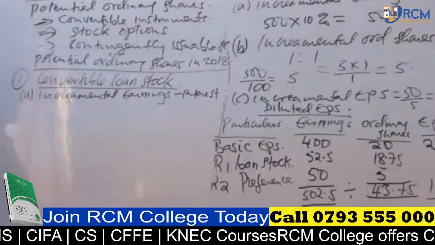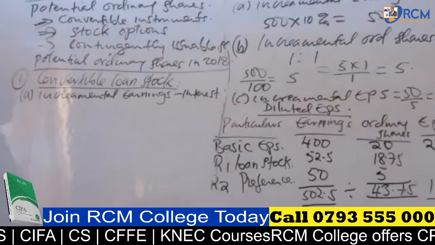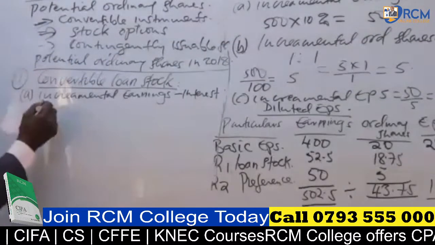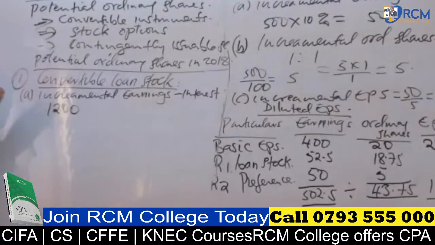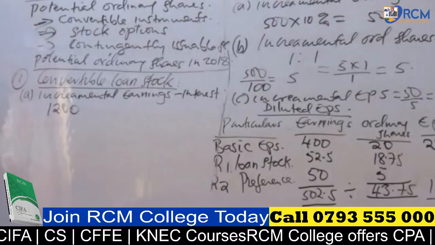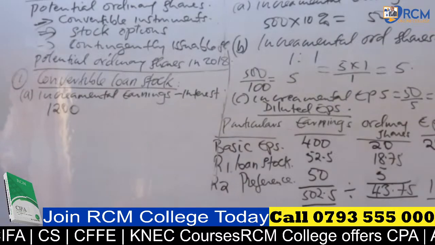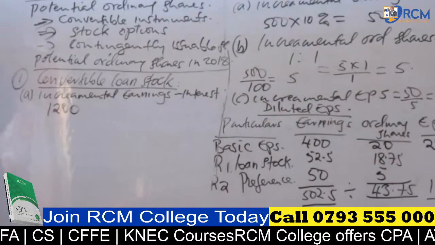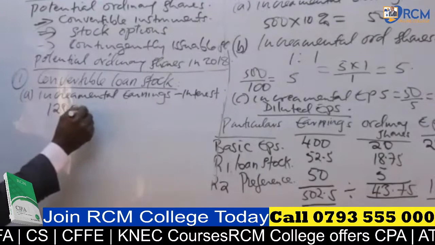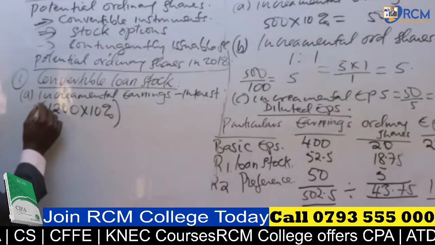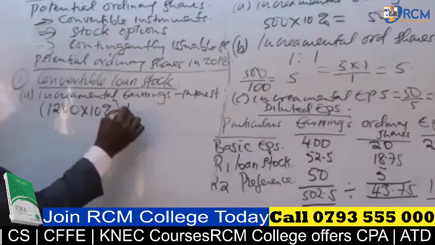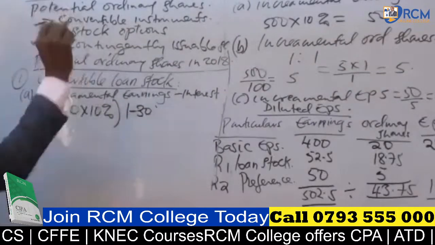Remember in 2018, our loan stock is 1,200 after converting 300. It was 1,200 as at the beginning of the year. Therefore, if I'm to pay interest, I will pay on 1,200 times 10%, then times 1 minus 30%, the tax shield.